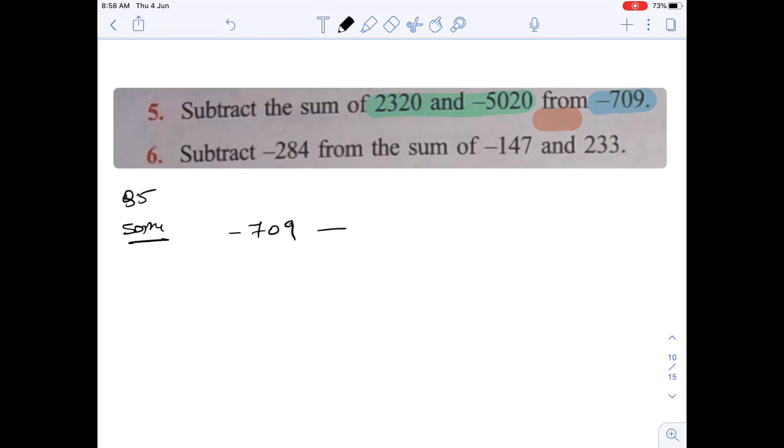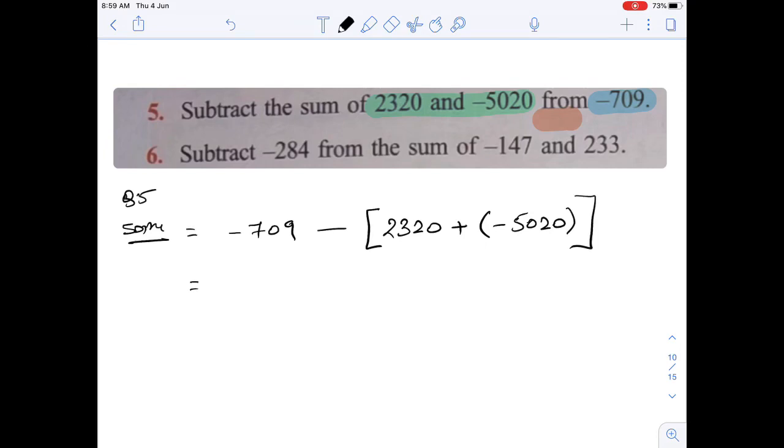From this we have to subtract, so this is subtraction. Now we have to subtract the sum of these two numbers, so we will write this in brackets: 2320 plus minus 5020. In this way we have to write it. Equals to.